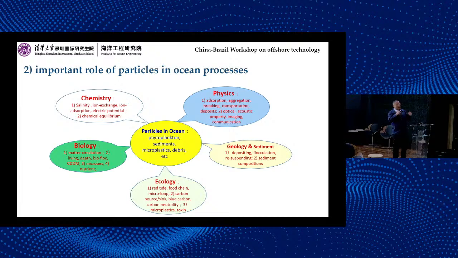So marine particles take part in almost every ocean process. So it's very important to find the category, the type, the kind of the particle, and the number of the particles. So these are two requirements.